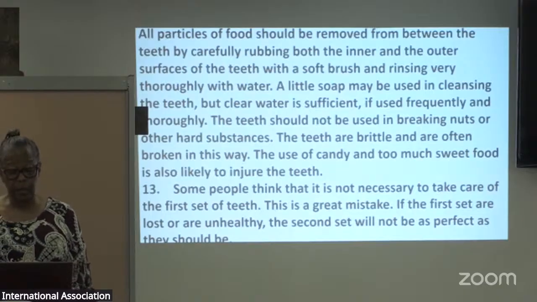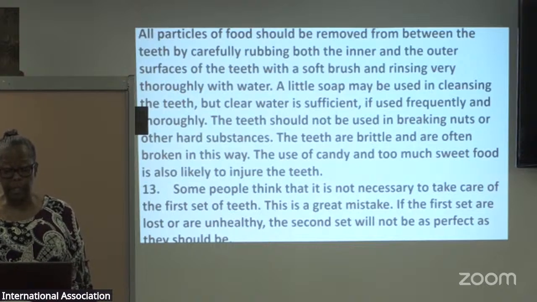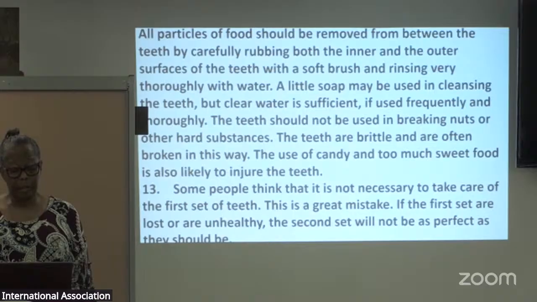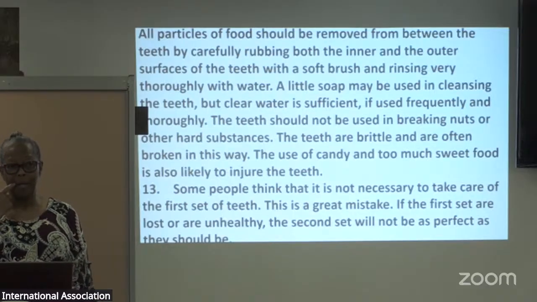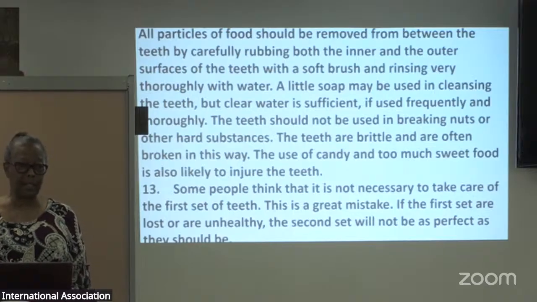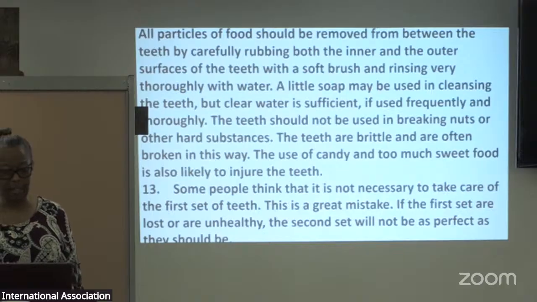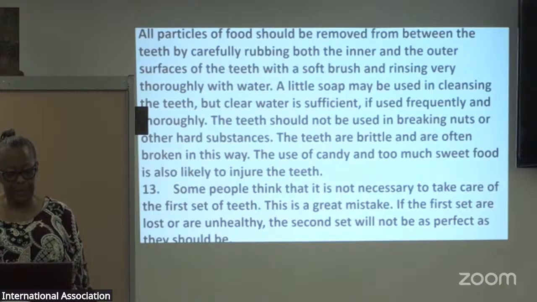The teeth should not be used in breaking nuts or other hard substances. And I've known people who have broken their teeth from biting on bone and biting on nuts, nut shells and stuff like that. So your teeth are not made to do that.